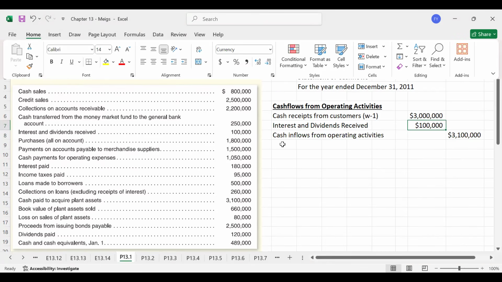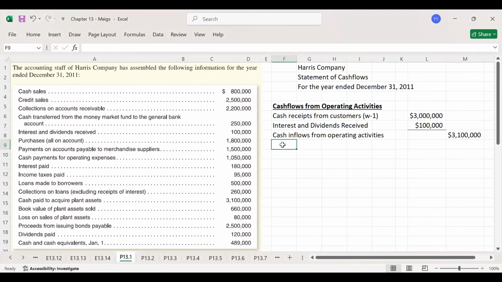Then we have cash paid to suppliers. We are calculating cash outflows from operating activities.